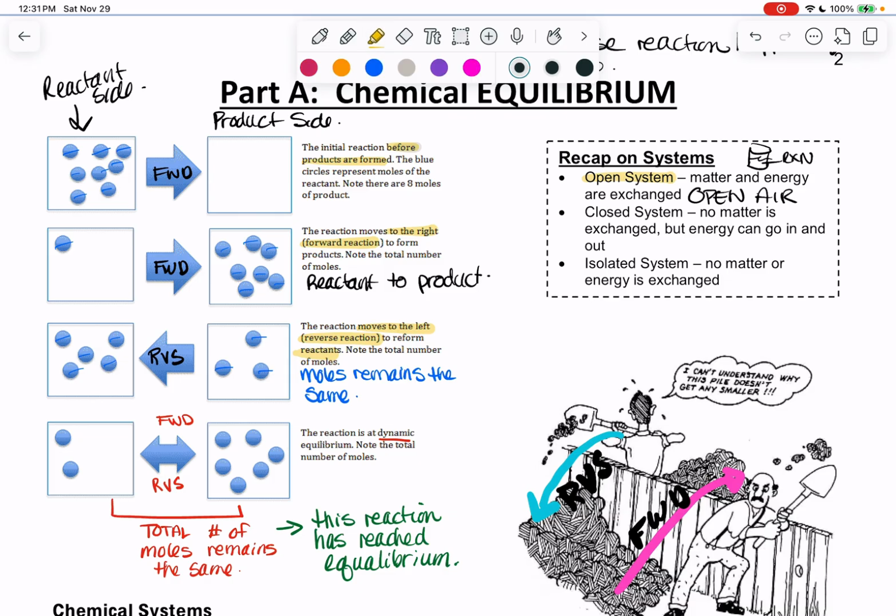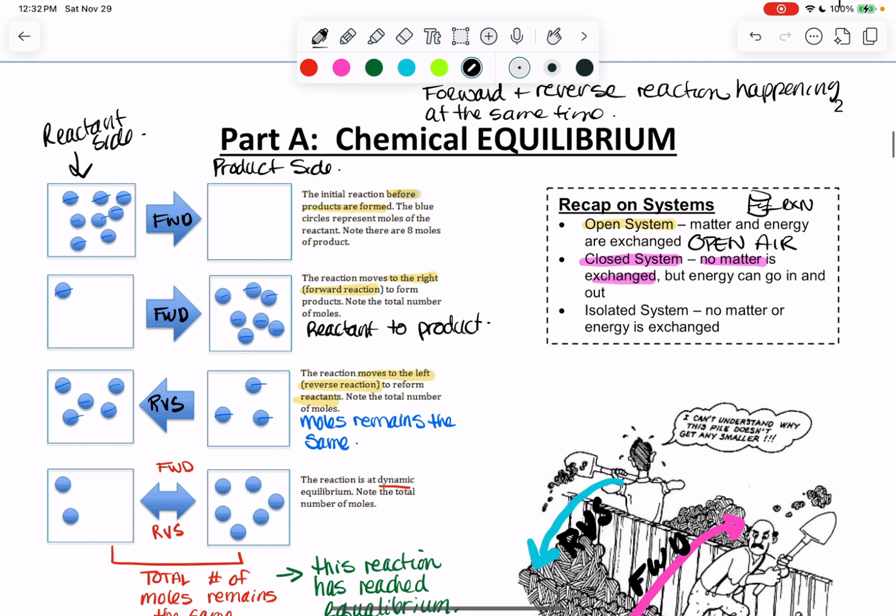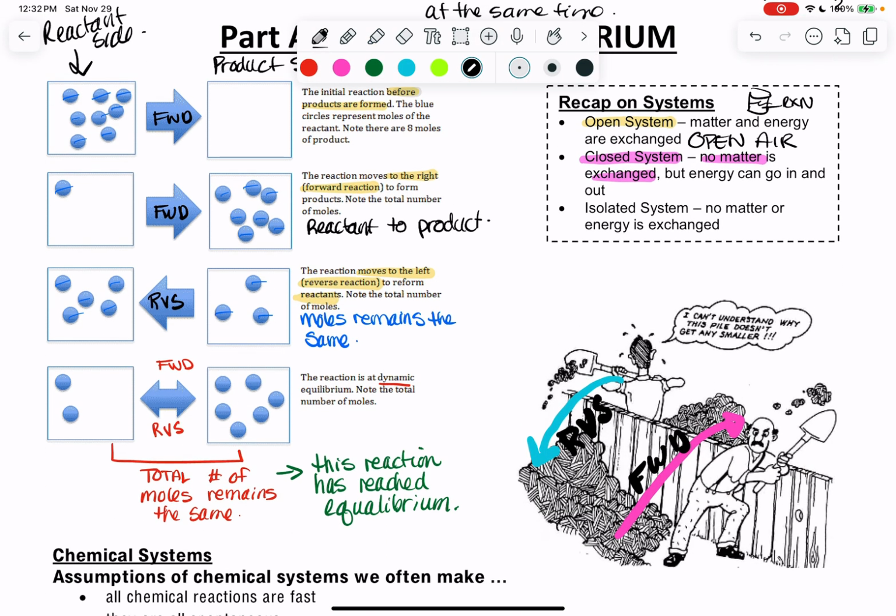The second flavor is called a closed system, where the matter is trapped inside, but energy can go in and out. So that's like a beaker or a cup with a lid on it.